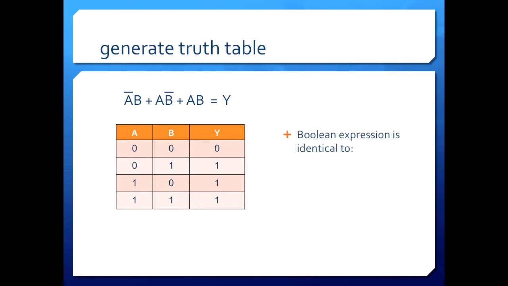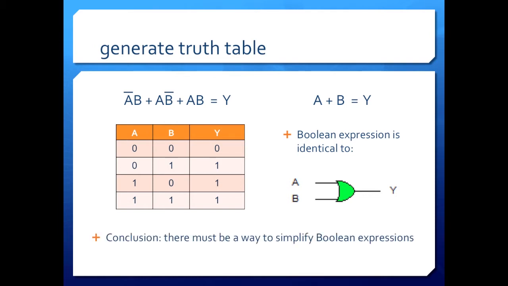This Boolean expression is identical to an OR gate, which has an expression as such, A plus B, or A or B. So we must conclude from this whole exercise that there must be a way that we can simplify this Boolean expression from here to here, because if they are the same output, then they must be the same expression.